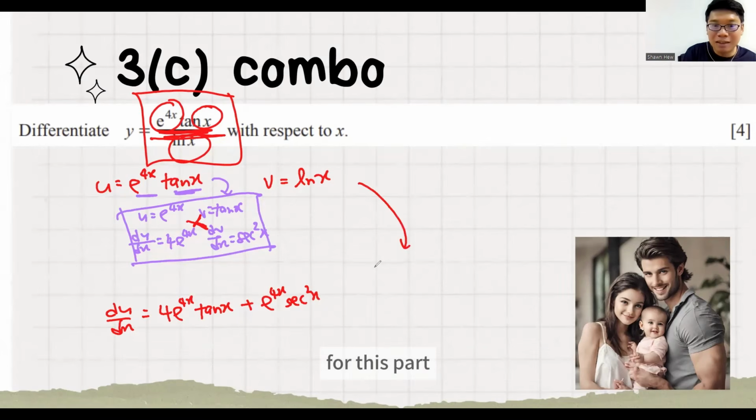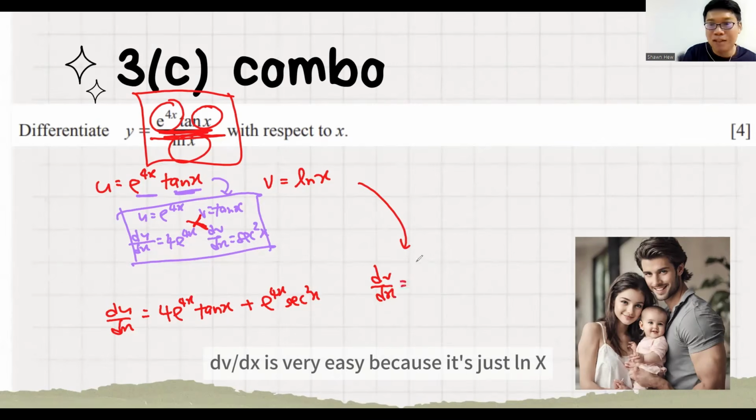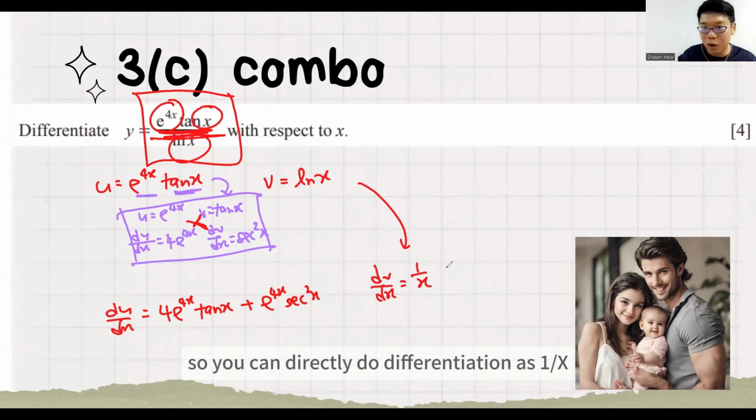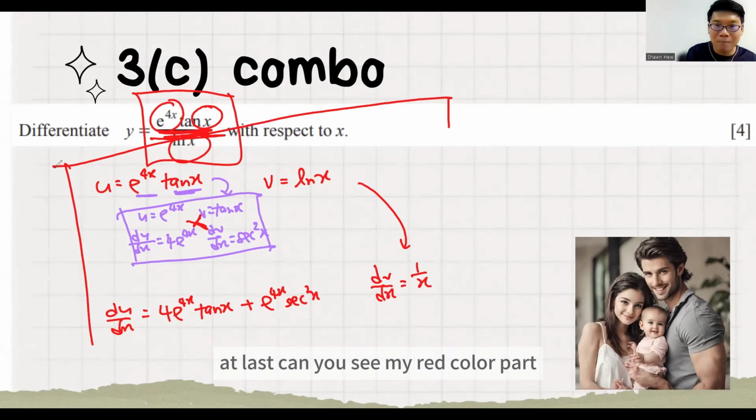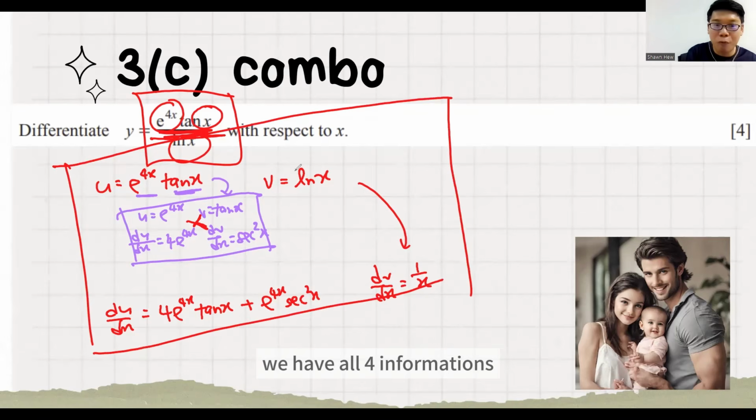For this part, dv/dx is very easy because it's just ln x, so you can directly differentiate, it is 1 over x. At last, can you see my red color part? We have all 4 pieces of information. Then we can start to do the dy/dx.